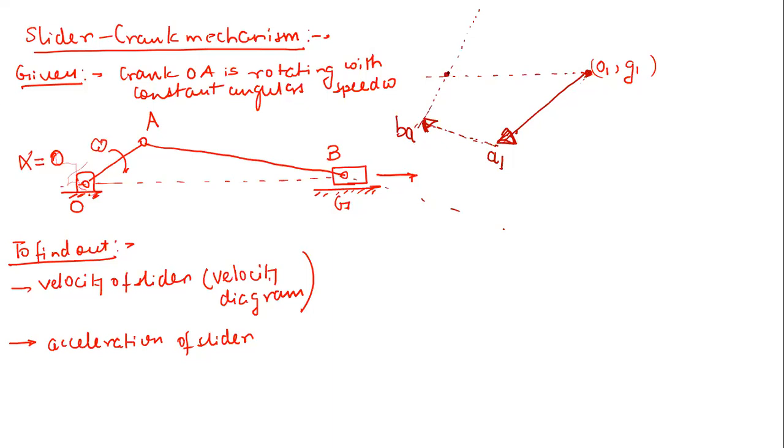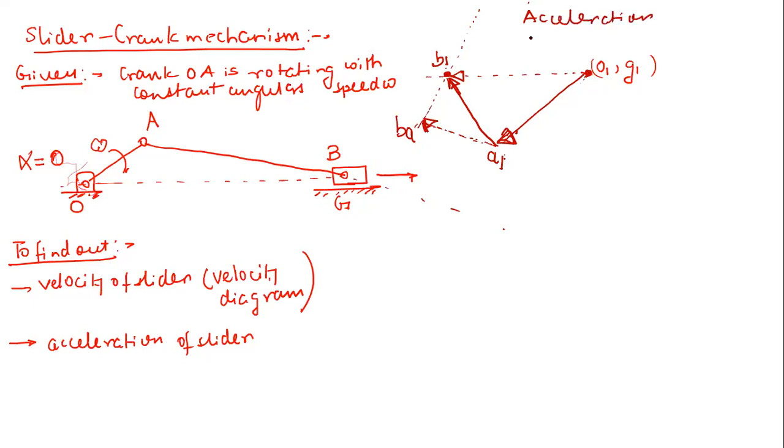This locates your point B1. Now you join these two, so this is your A1B1, that is the acceleration of B relative to A. We were interested in finding the acceleration of the slider, so just join this, B1O1. This will be your acceleration of the slider.